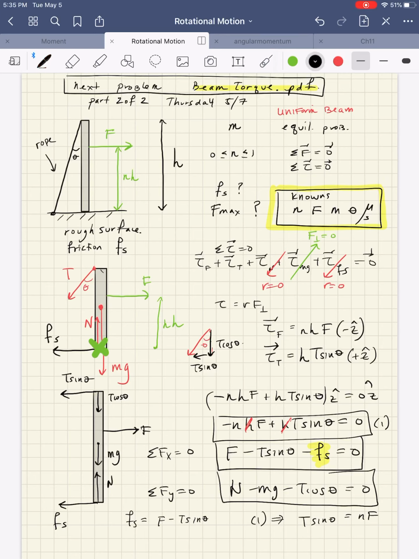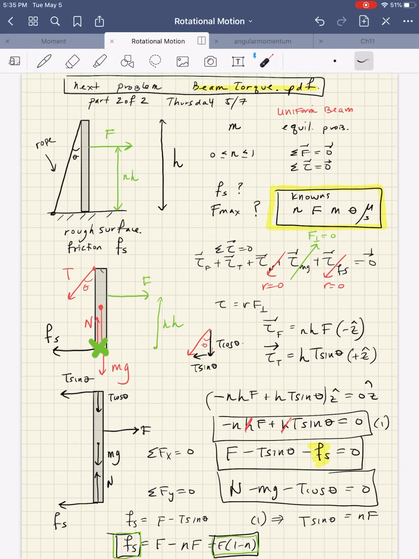And so I've now solved for the force of static friction. It's equal to F minus n times F, or F(1 minus n). So that's the first step that's asked for.